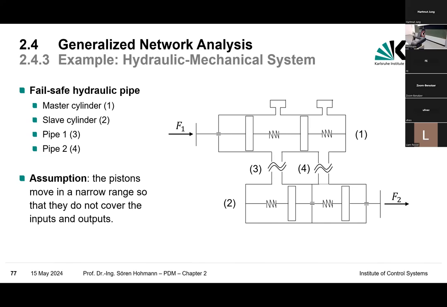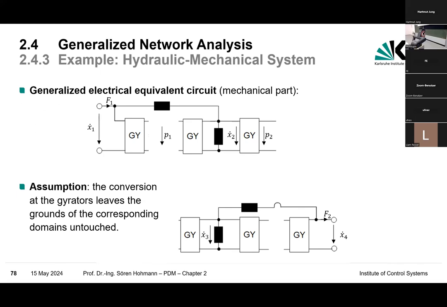And what I want to do here is to model this with electrical equivalent circuit modeling, which is done here. I don't want to do it explicitly. You find a lot of gyrators putting force and velocity into pressure and volume flow.